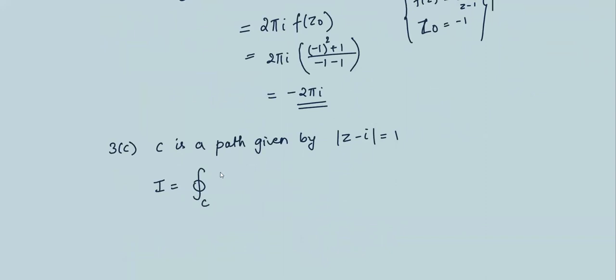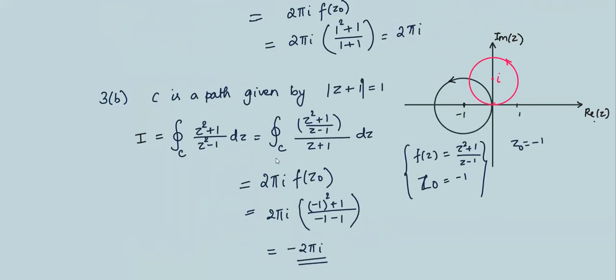So for this closed contour, (z square plus 1) by (z square minus 1): if we observe, the two points of singularity, z equal to 1 and z equal to -1, do not come within the circle.